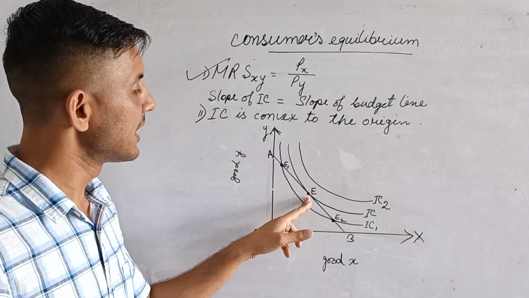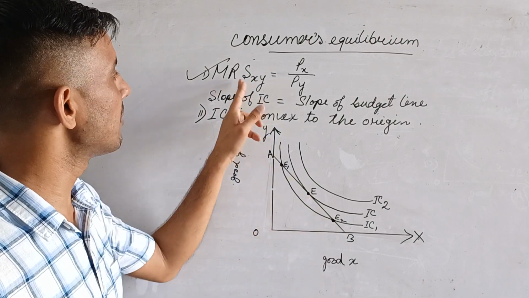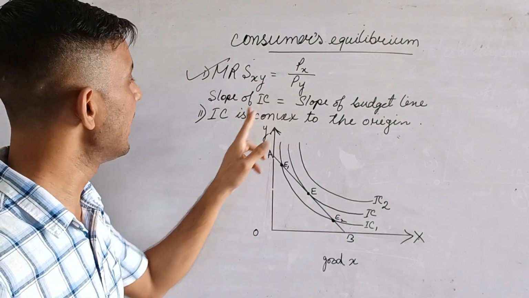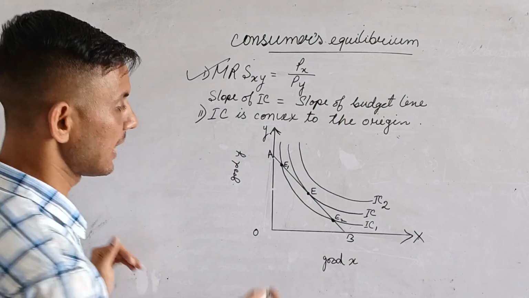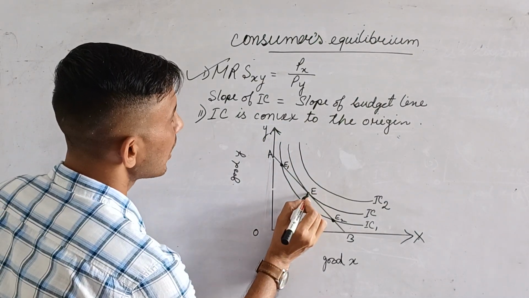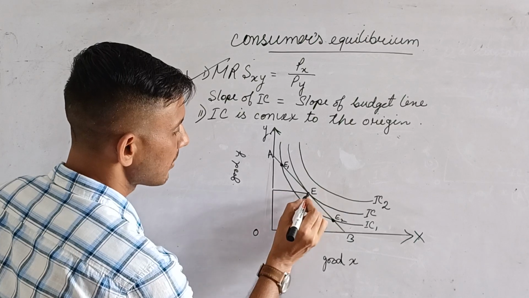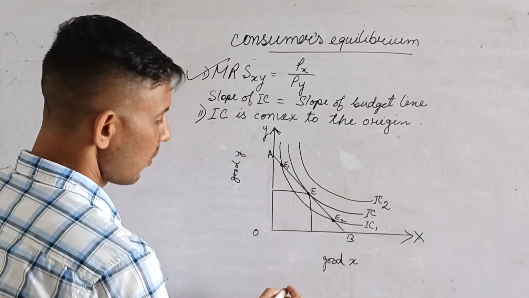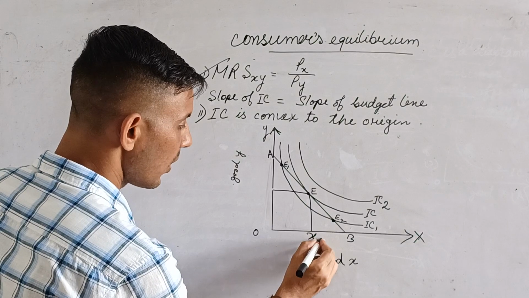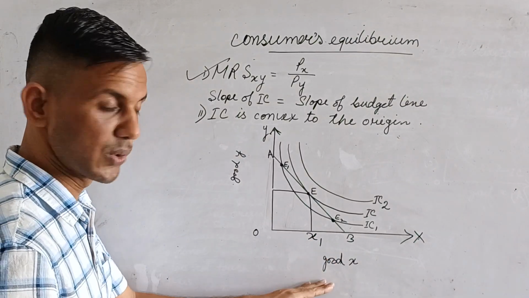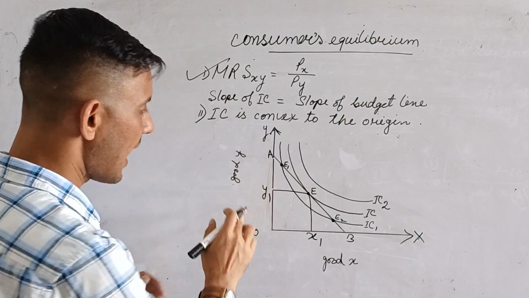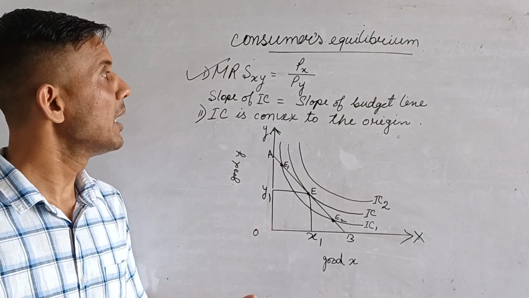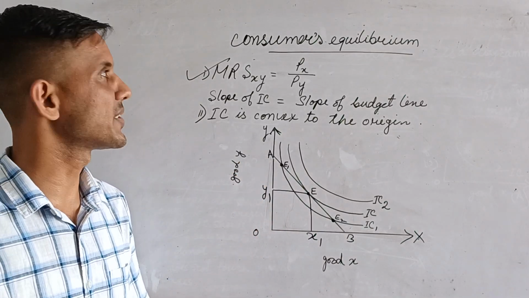Simultaneously, point E satisfies both the conditions: MRS xy is equal to Px by Py and IC is convex to the origin. So definitely E is the consumer's equilibrium point. It means when the consumer consumes OX1 of good X and OY1 of good Y, then he will get the optimum level of satisfaction.